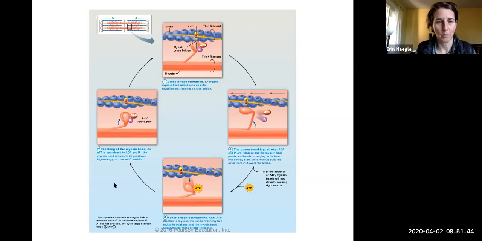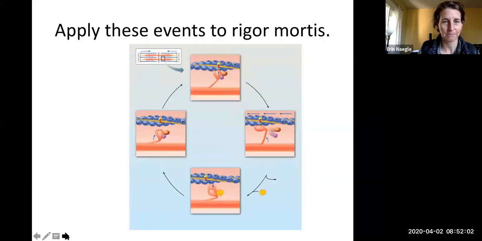So thus rigor mortis. Eventually, bacteria start to come in and start to eat things, and that eventually relaxes the muscles. But initially, it's in this rigor mortis or stiff state because there's no ATP to release the myosin heads from the actin.